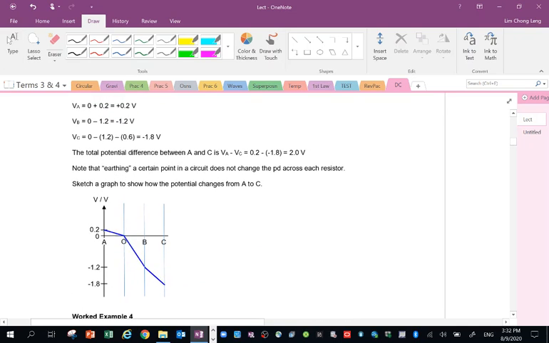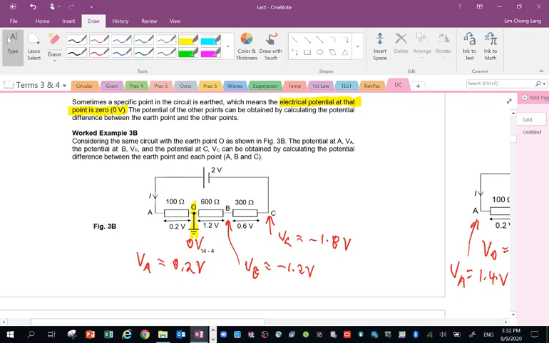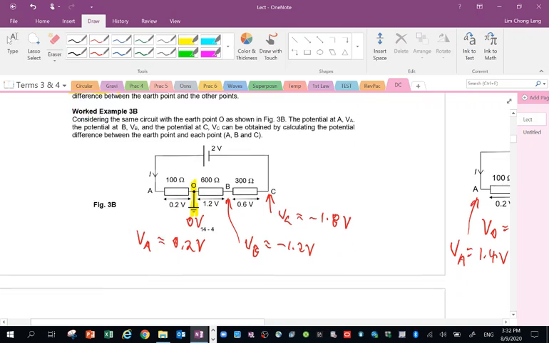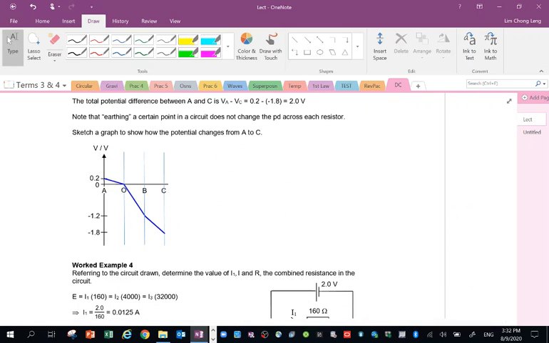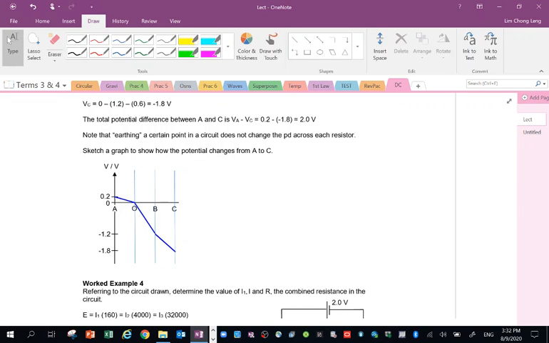If you draw a graph based on the potential when you earth it at O, the graph will show VA having a potential of 0.2, VB is negative 1.2, VC is negative 1.8, and that is shown here in this graph. So you have to familiarize yourself with the concept of potential here.